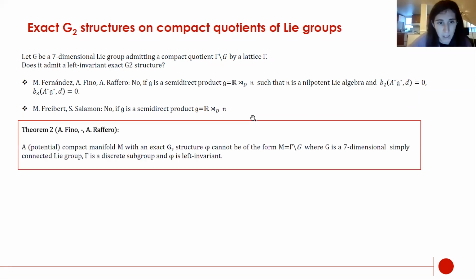And as I said, we generalize this to all possible Lie groups G.